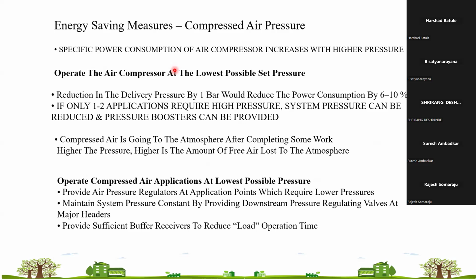If the same header size is used up to the last user point, your last user will always get a lower pressure, because during distribution you did not consider the size of your piping. You have used the same pipe size, so the pressure drops at the first point, then second, third, fourth. So your 10th user will always get a lower pressure.